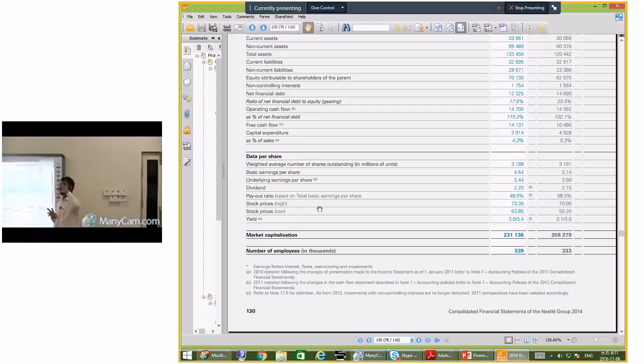The numerator should be the relevant earnings, the return, which is net profit, that is, profit after tax, minus preference dividends. If we have preference dividends, then we have to deduct them.